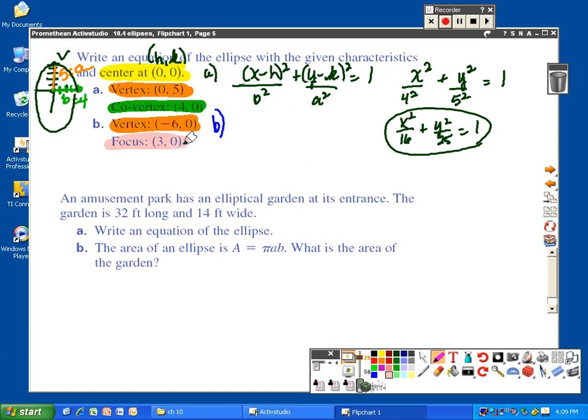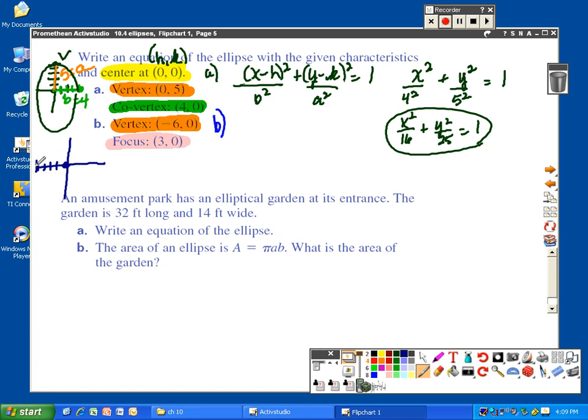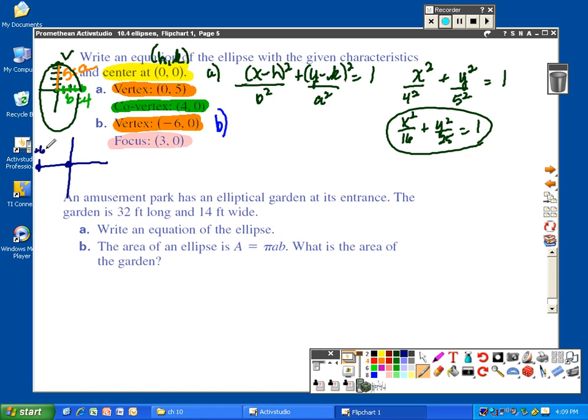So again, I'm going to jot a little sketch. (0, 0) is my center. Negative 6, 0 will be over here. We're just going to put it here and write negative 6, 0 because it's getting too close to the edge.